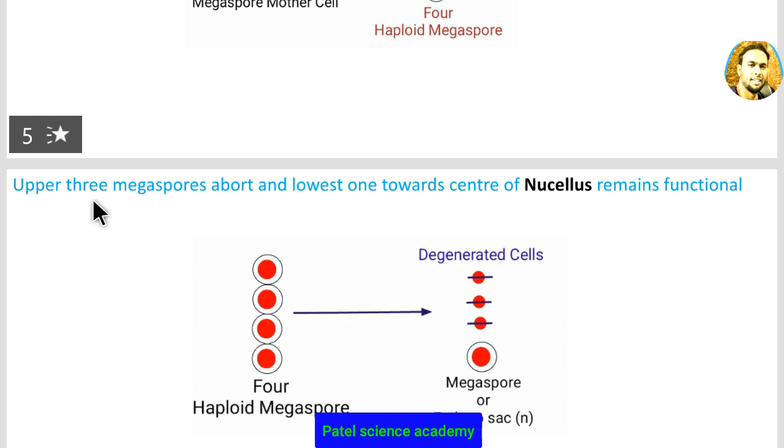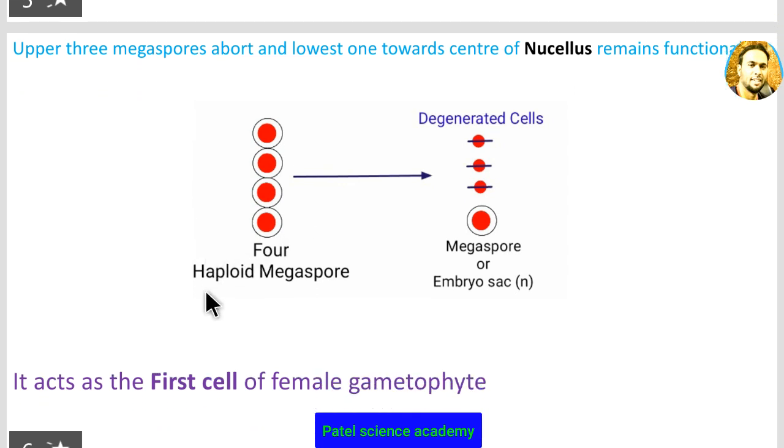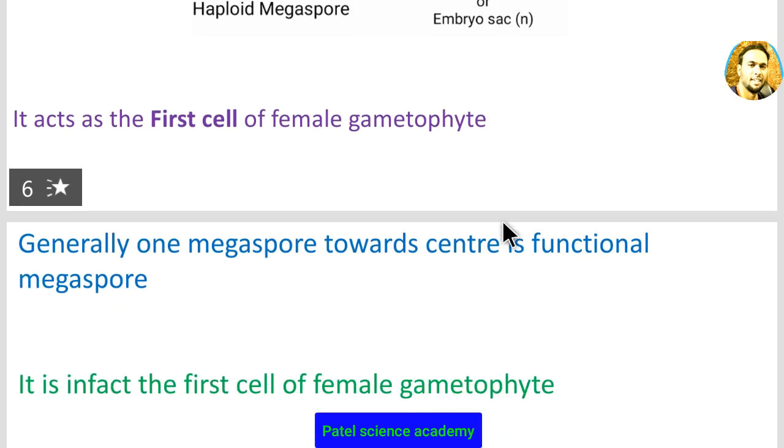So 4 haploid megaspore cells are produced, and now we'll see what happens with them. The upper 3 megaspores abort, and the lowest one, towards the center of the nucellus, remains functional. Out of these 4 megaspores, the upper 3, 1, 2 and 3, degenerate, and only the lower megaspore remains functional, and it divides finally into the female gametophyte.